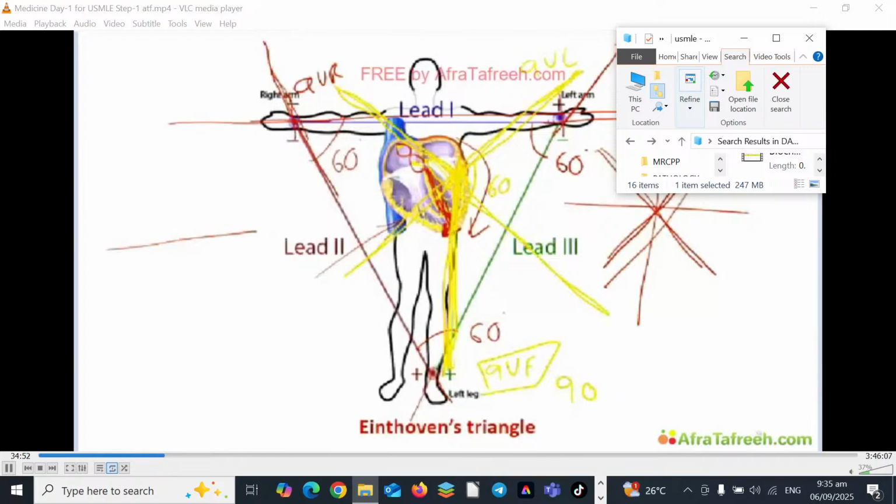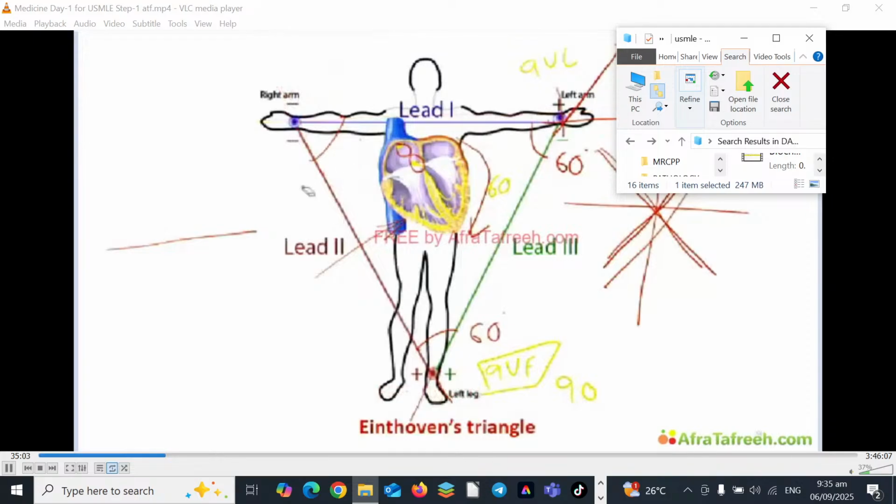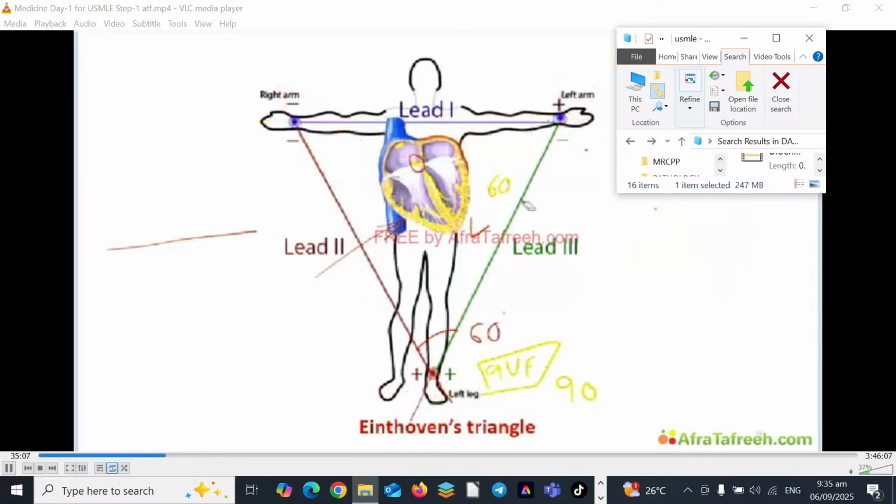The point here is, you're trying to develop an axial system. We have the AVL, the AVR. I'll redo the whole thing because this is important and this is not as difficult as it seems right now.